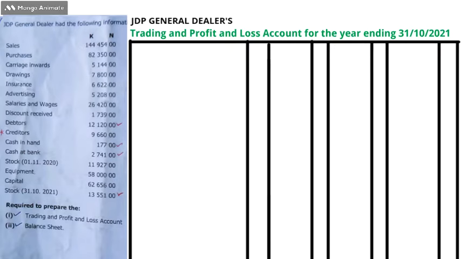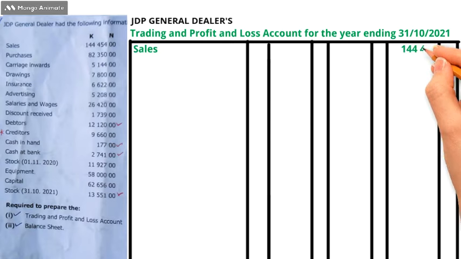So first of all, what will be our first entry on this one? The first is the sales. So we start with the sales, which is 144,454. We write it there, as you can see. Then we come to opening stock.